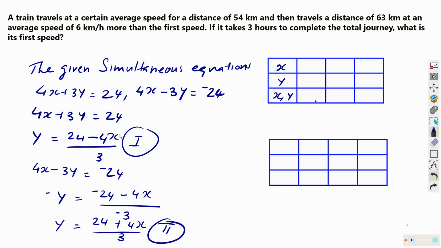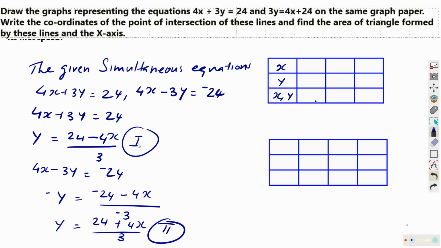So I will put the value of x and y so that you will get an idea. In that case, as far as x is concerned, let me write the value 0. If I put 0 over there, y will become 24 upon 3, which is equal to 8.